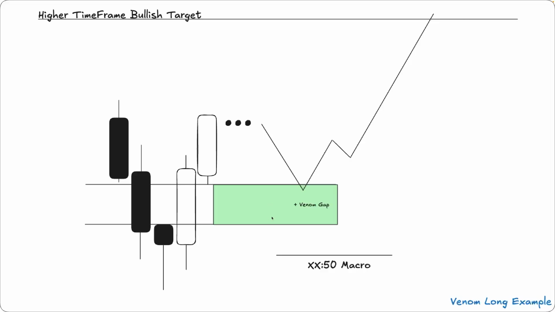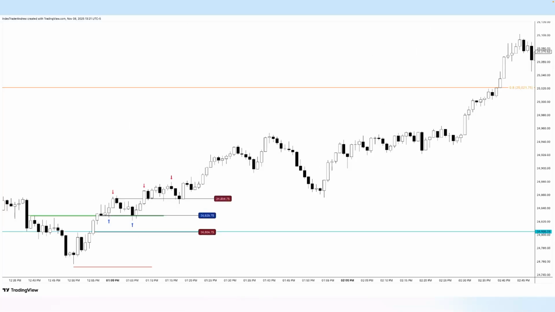If we look here, we had a Venom gap, we had a macro, it drew down into it, and it ultimately reached higher. So we had a higher time frame draw on liquidity or a target. We had a Venom gap right here. Price drew down into it during the time of day, and then ultimately went higher to the target.